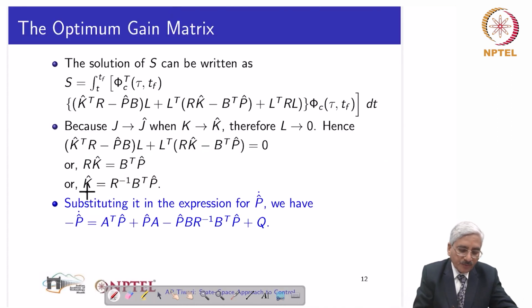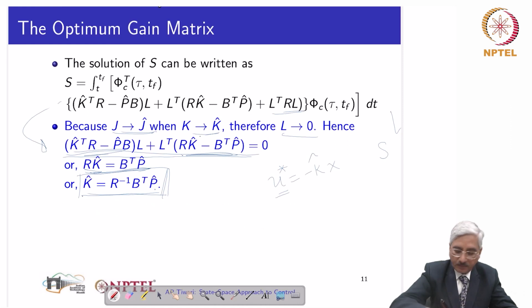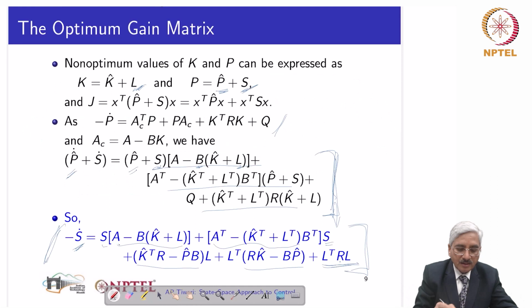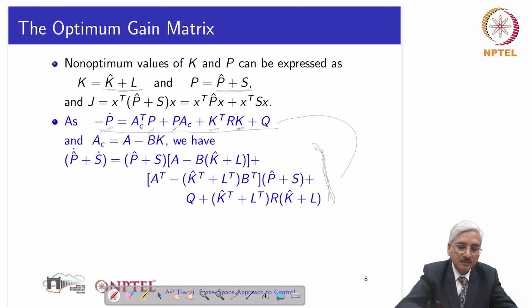So what we do, this expression we substitute in the expression for P hat, which was there in the previous slide. Let me go back and show. This is slide 12. I go to slide 11 and even before that on slide 9. No, even little before that.